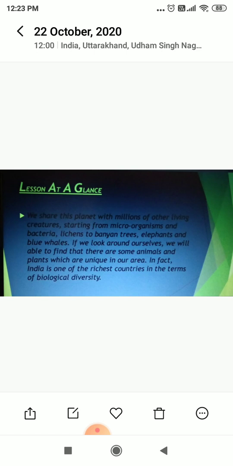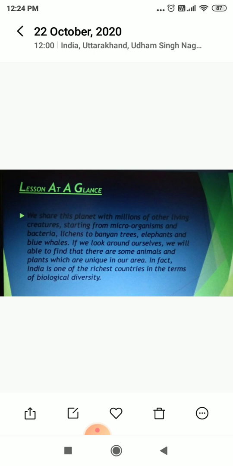Now, what is the proof that India is actually a mega biodiversity country? Three facts are enough to prove this statement true. India has about 47,000 plant species. Second, India has about 15,000 flowering plant species, and the country also has many non-flowering plants such as fern, algae, and fungi.